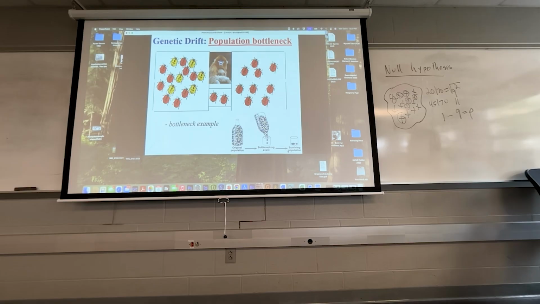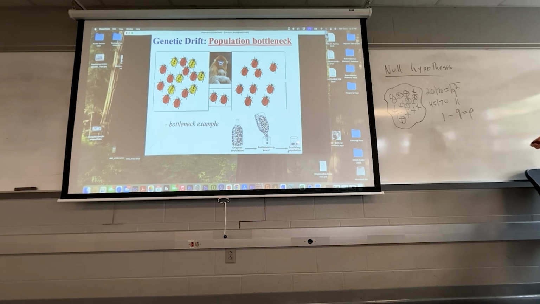So why do they call it a bottleneck? Think of it like this. If you have a big container that has a limited neck, and you dump this over and collect 5 or 6 beads out of it, and you have all these different colored beads, obviously the 5 or 6 you get out doesn't represent the entire population that's in that bottle, right?